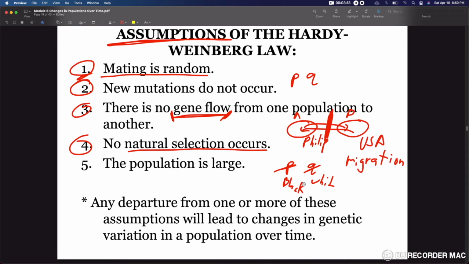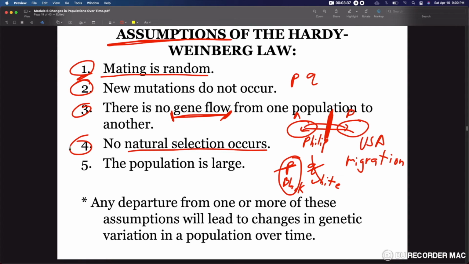If natural selection occurs, then it will affect the frequency of your Hardy-Weinberg. Thus, it will not hold again. Because your black is preferentially selected by your environment and your white is being killed off one by one.